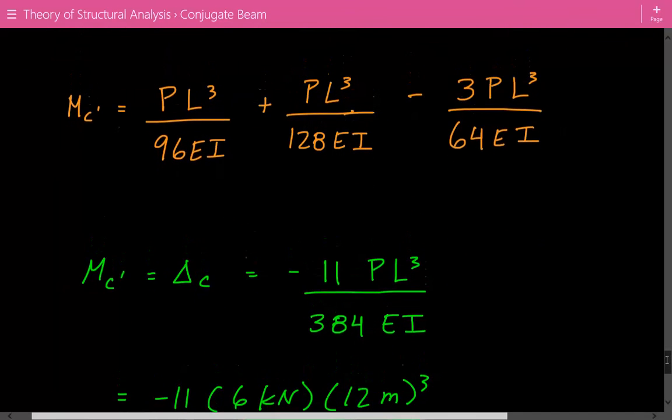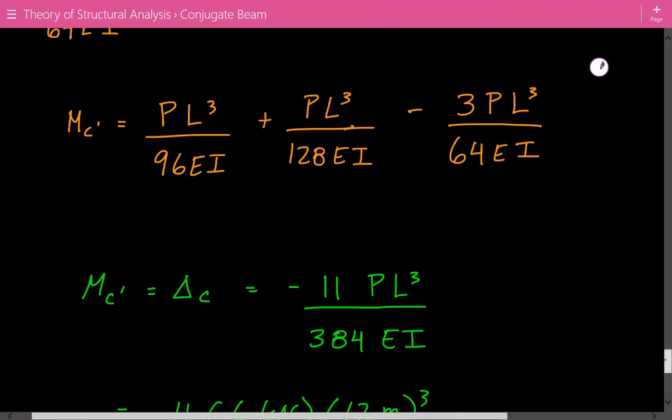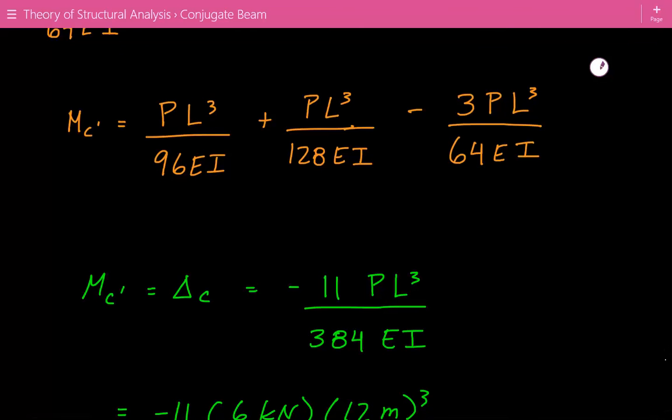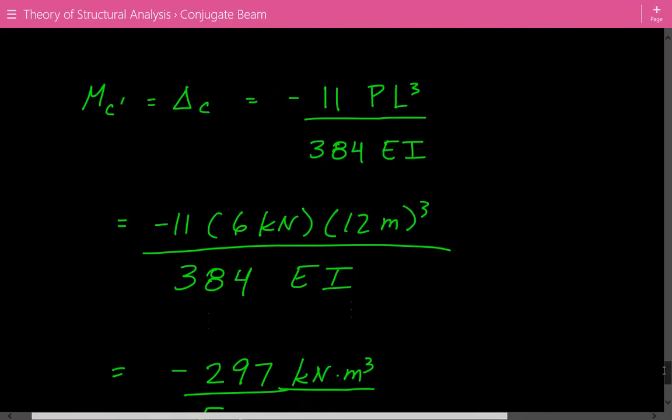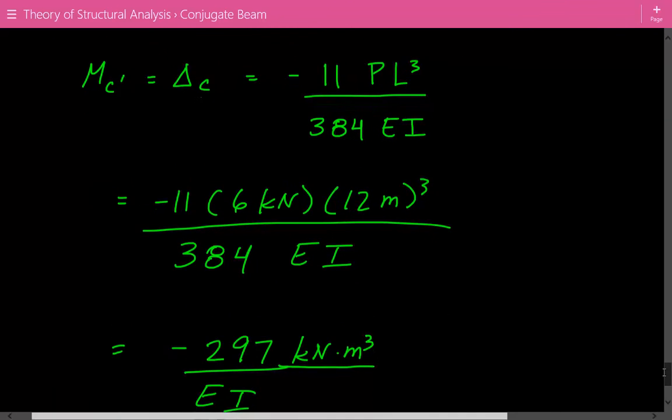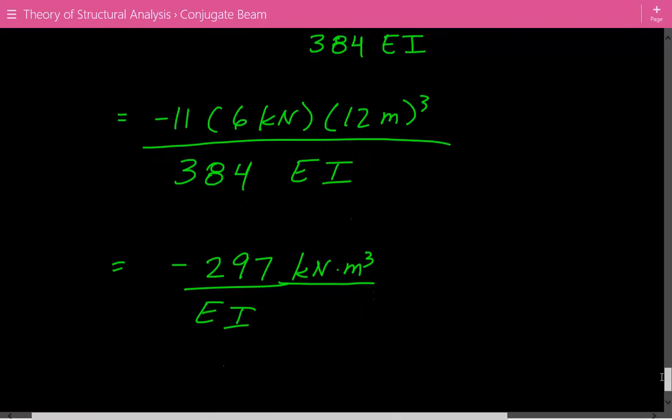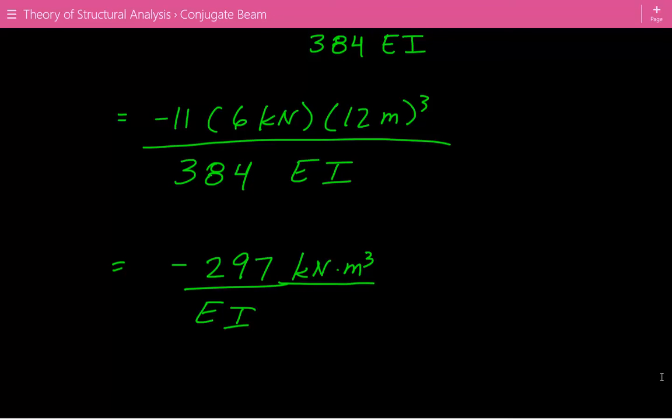And so MC prime, which is the conjugate bending moment at location C, is equal to the real deflection at C. It comes out to be equal to negative 11 times PL cubed over 384 EI. And lastly, we can plug in the numbers for the load and the length, and we get negative 297 kilonewtons times meter cubed over EI.